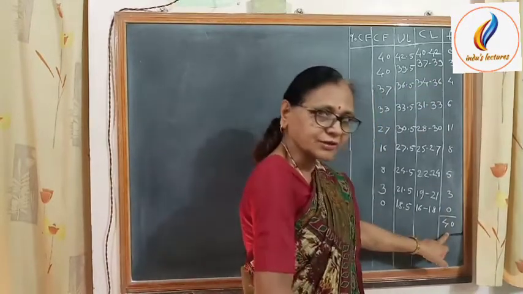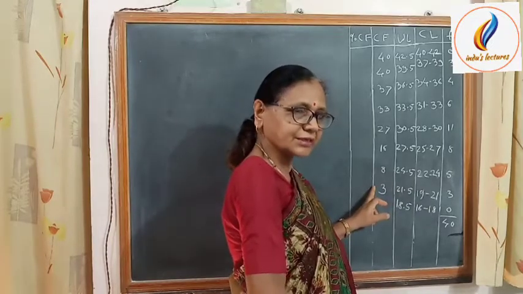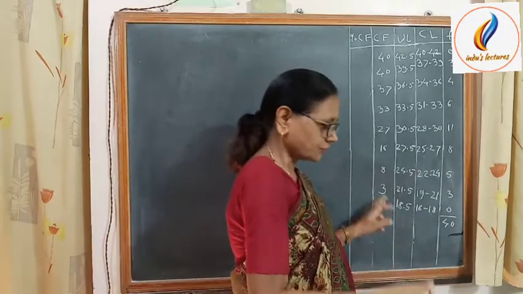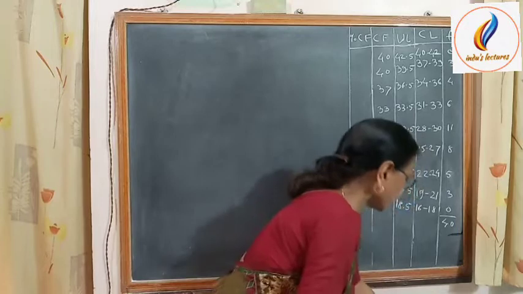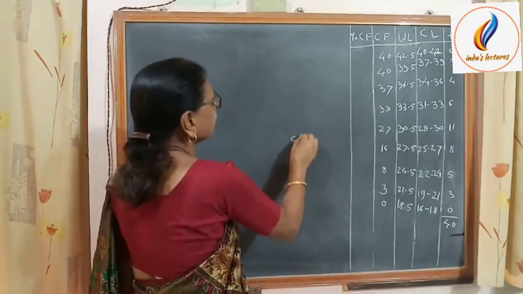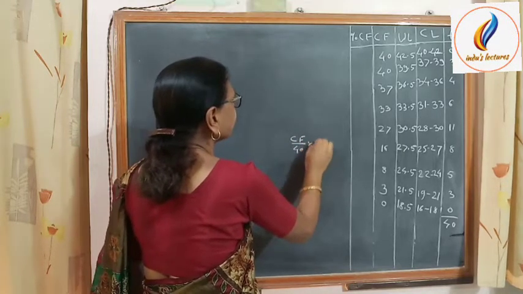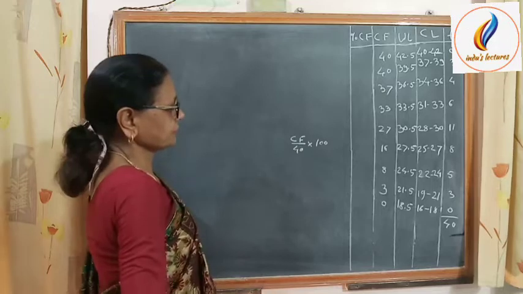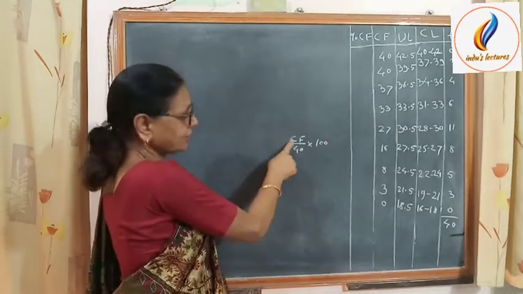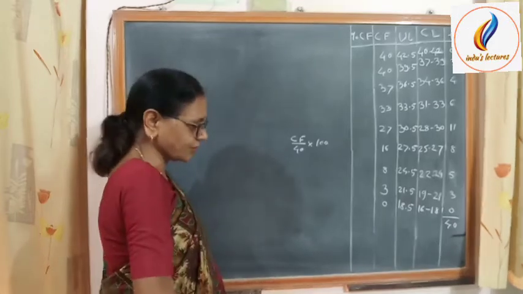So out of 40, the cumulative frequency is 3. So what is it for 100? Calculate the percentage cumulative frequency of each class interval as cumulative frequency divided by 40 multiplied by 100. That means 3 divided by 40 multiplied by 100, and we get the percentage cumulative frequency.